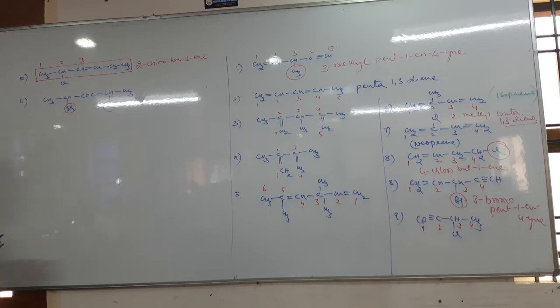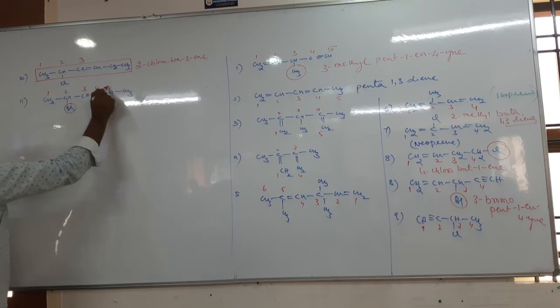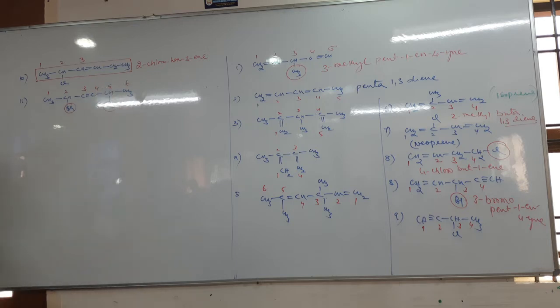In alphabetical order, bromo comes first. Therefore, Br has to get the least number. Okay. Then 2-bromo-5-chloro hex-3-yne. Okay. So write some homework examples. Do it later.